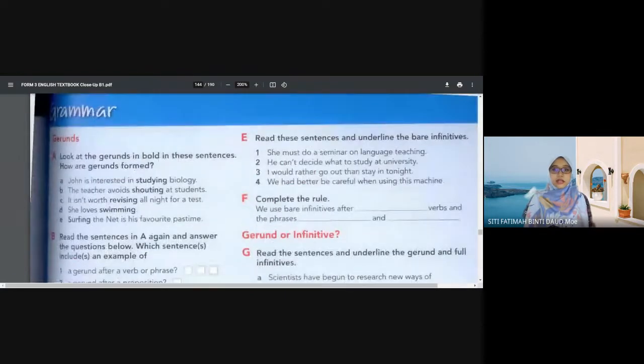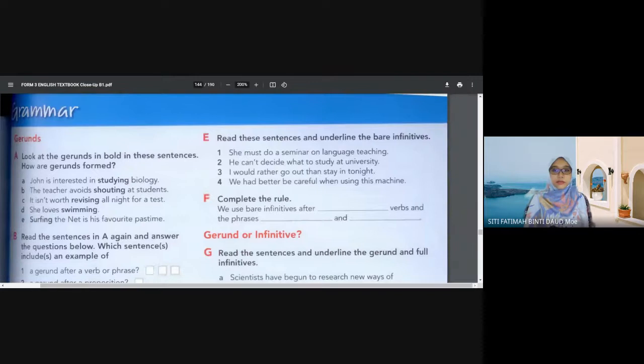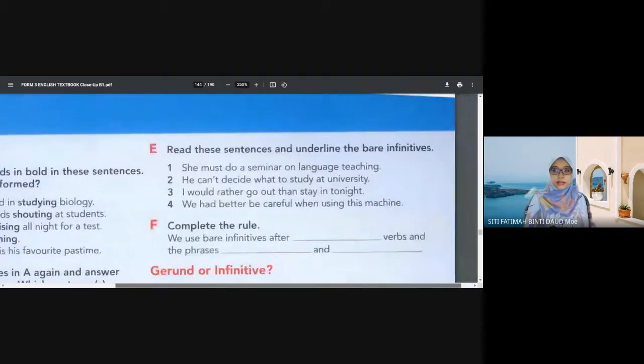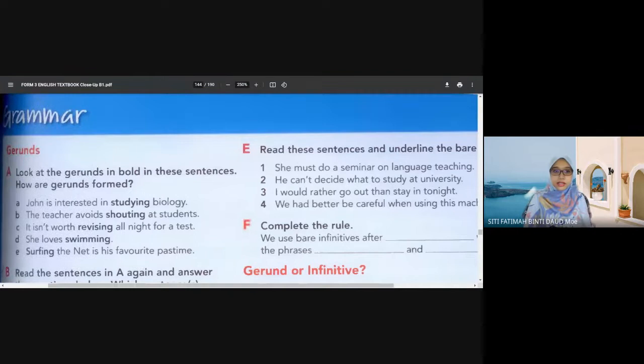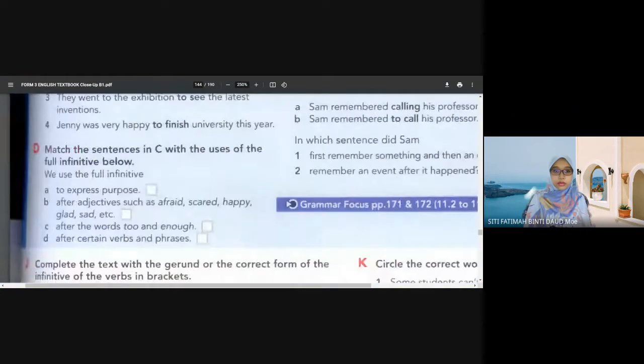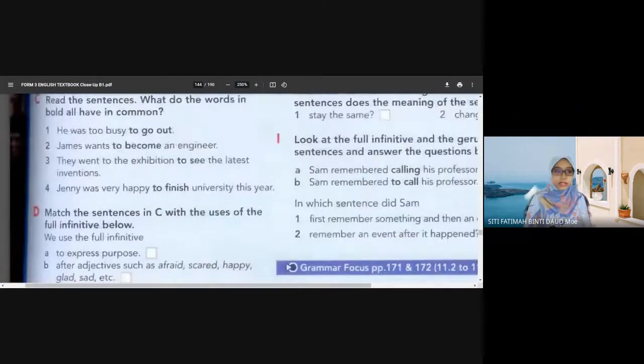Alright, now you do the next one. Read the sentences and underline the bare infinitive. Remember, the bare infinitive, no more the word to. This one just now ada word to, kan? To do this, to do that. Okay?